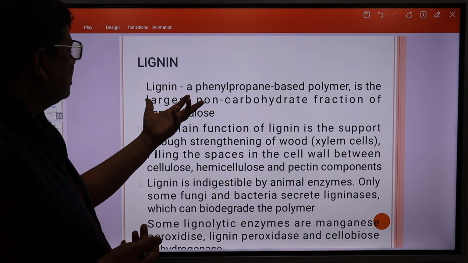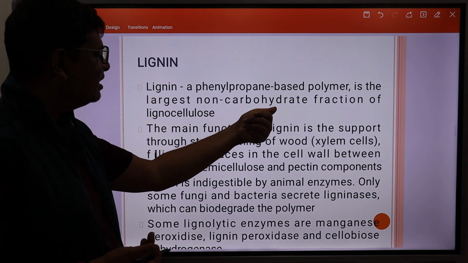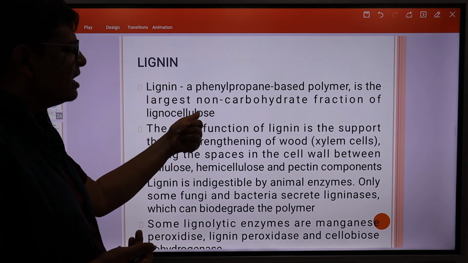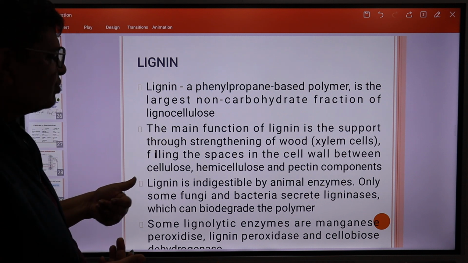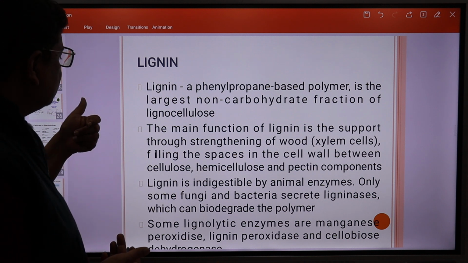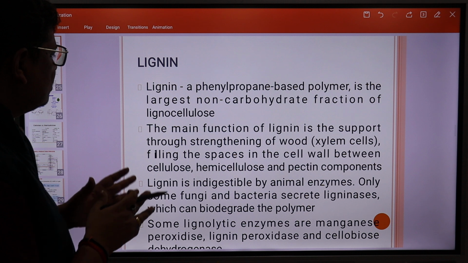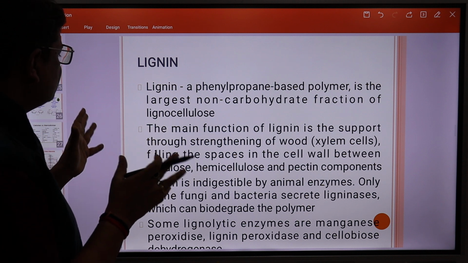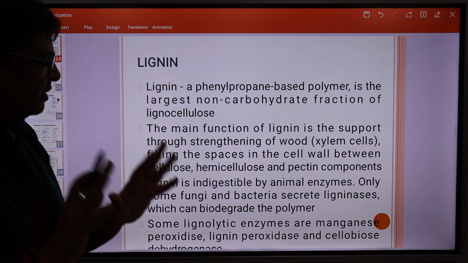So lignin, a phenylpropane-based polymer, is the largest non-carbohydrate fraction of lignocellulose. You have seen cellulose could be digested, diluted in water, but lignin is an anhydrous non-carbohydrate fraction of lignocellulose, sitting there with its phenylpropane-based polymer.